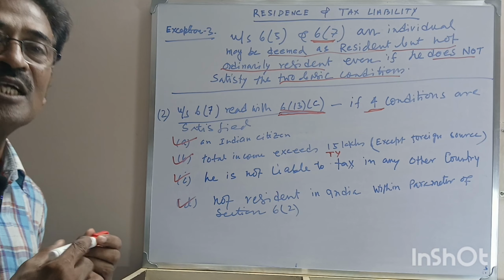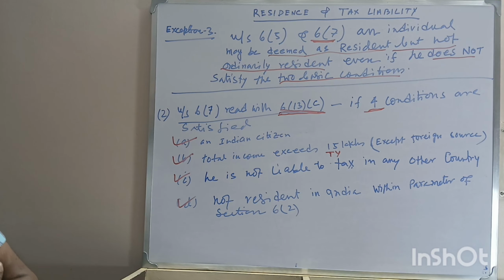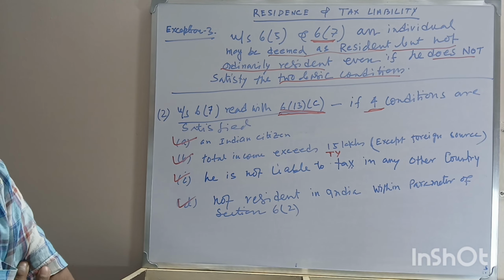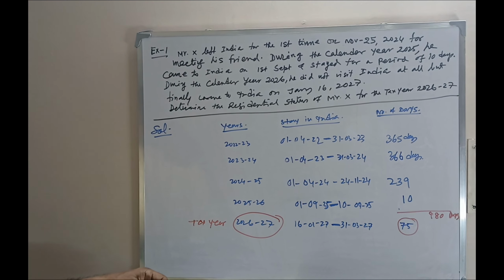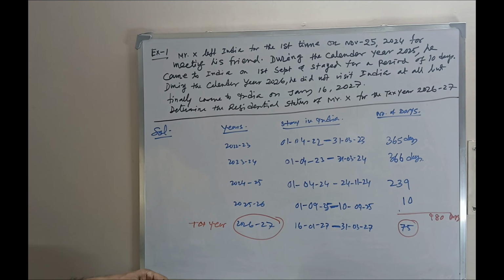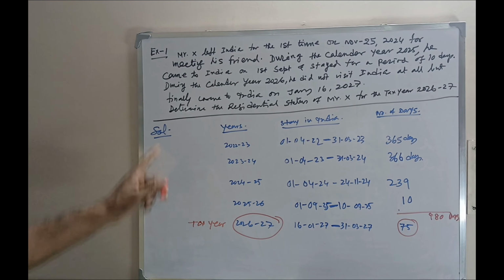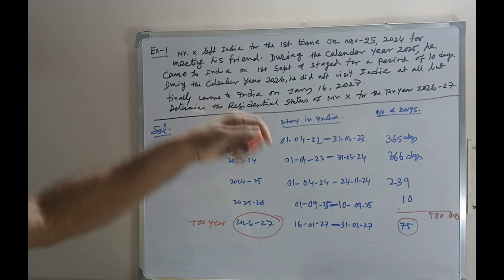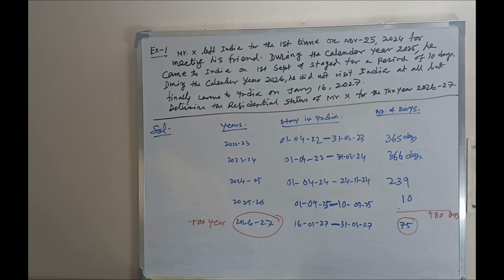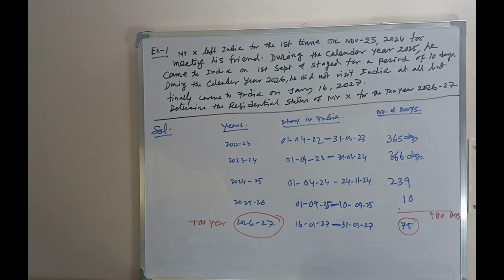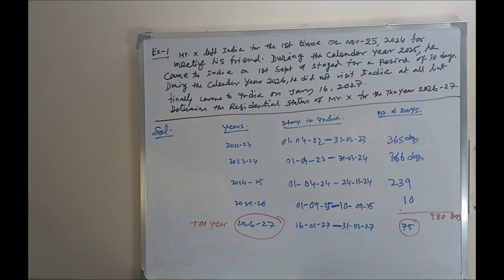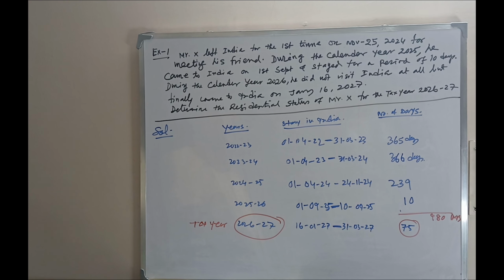These are the basic residency rules under section 6(1) of the Income Tax Act 2025. Let us take an example for determining the residential status of an individual. Mr. X left India for the first time on November 25 of the year 2024 for meeting his friend.